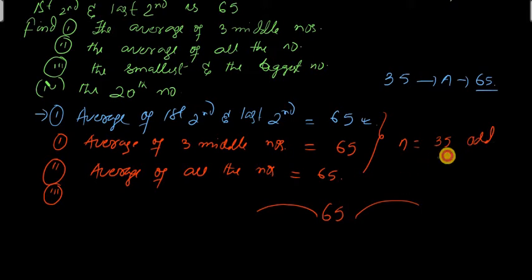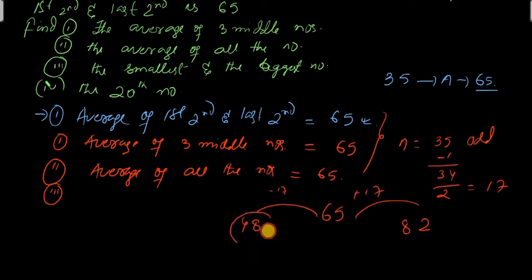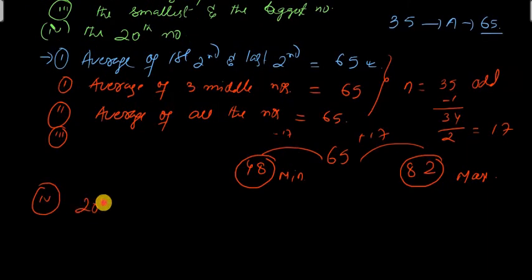The average is 65. Taking 34 and dividing by 2 gives 17. So add 17 to 65 to get 82, and subtract 17 from 65 to get 48. 48 is the minimum number and 82 is the maximum number.